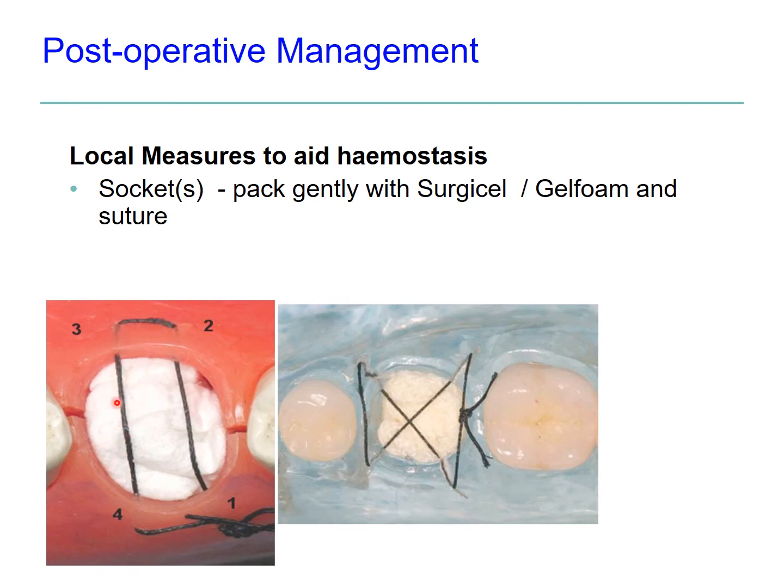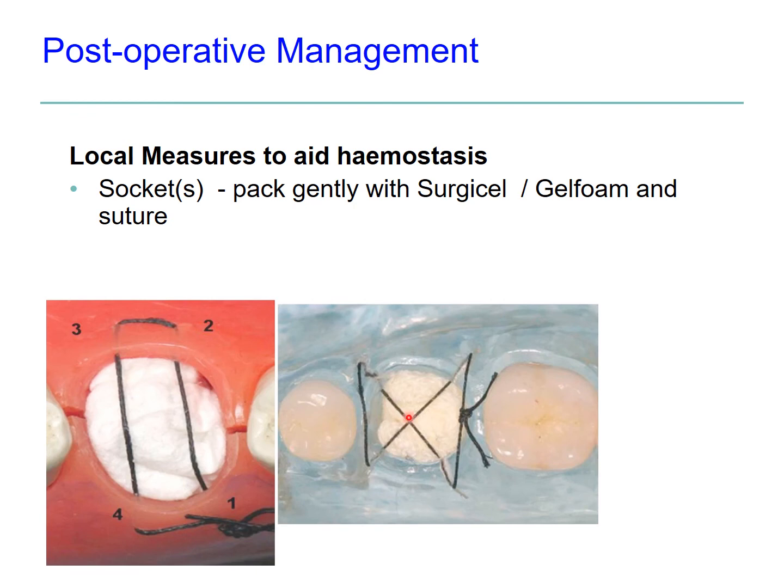So this is the standard horizontal mattress suture. You don't aim to close over the socket because that would not be possible, but the suture would allow compression of the gingivae against the alveolar bone and aid hemostasis, and it would also help to retain the surgical dressing to aid hemostasis in the socket.